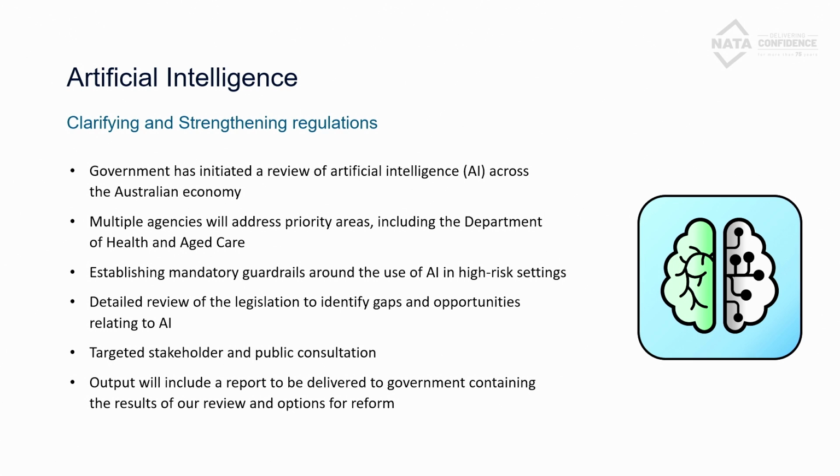So the TGA is part of a multi-agency review which will address several priority areas, one of which is health. And that will be part of some broader work around establishing some mandatory guardrails for use of AI in high-risk settings. So that essentially involves a review of the TGA legislation.